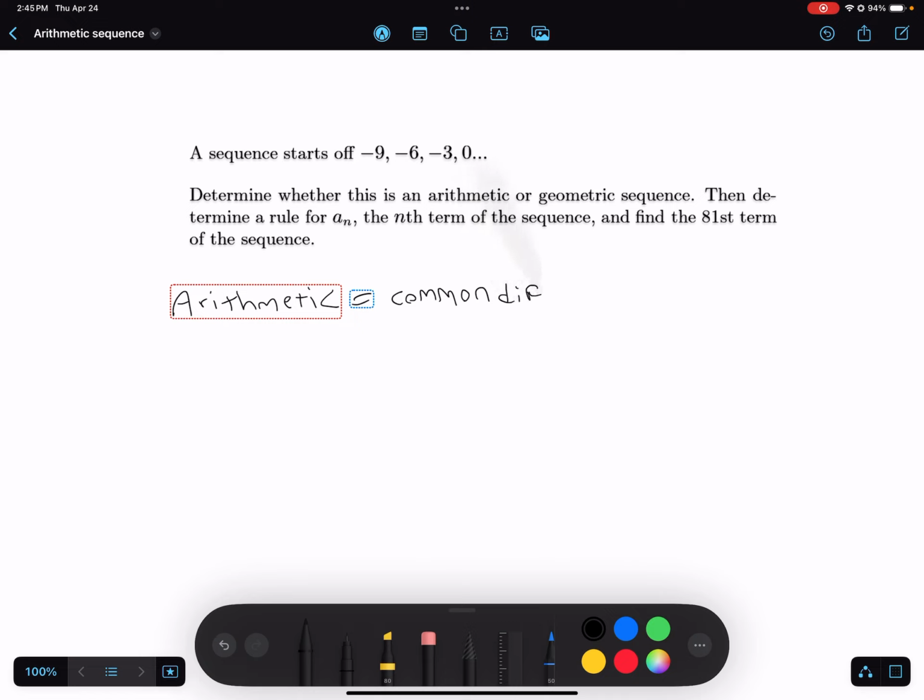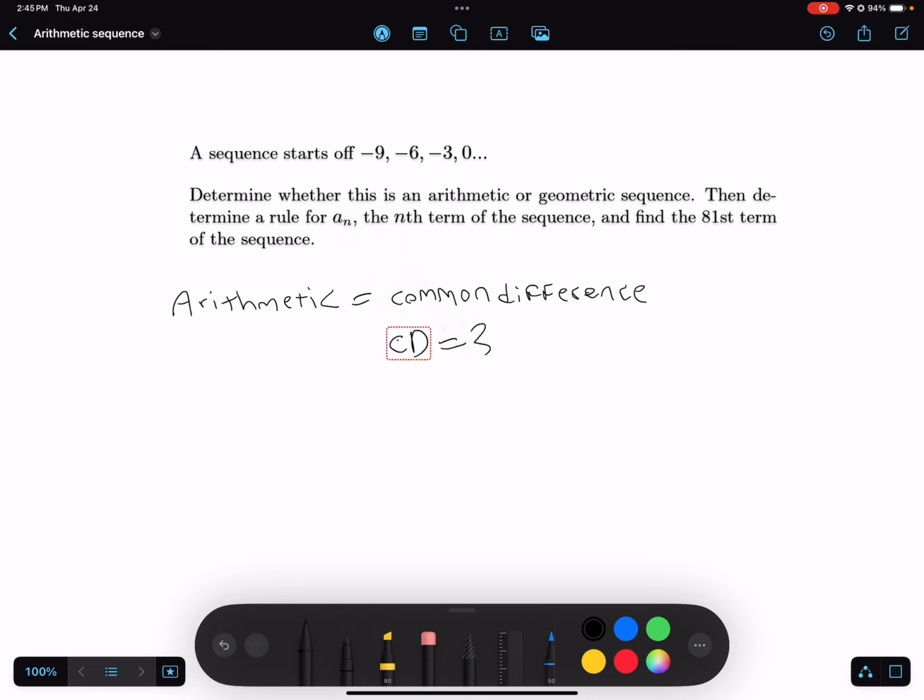So arithmetic means it's going to have a common difference. In this particular sequence, the common difference is going to be 3, because the difference between -9 and -6 is 3. So that's our common difference. We can just write down CD equals 3.